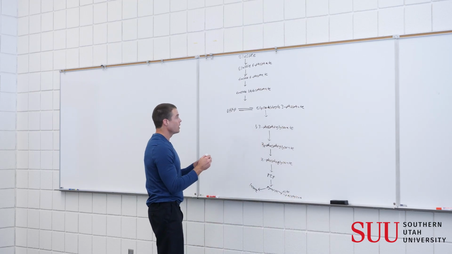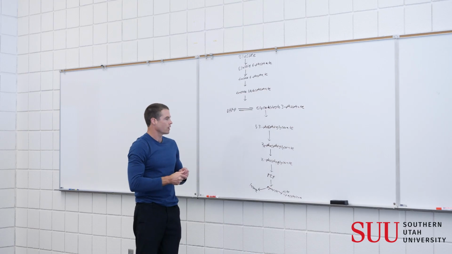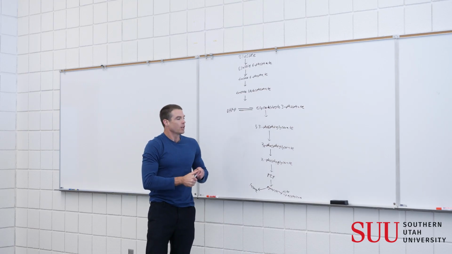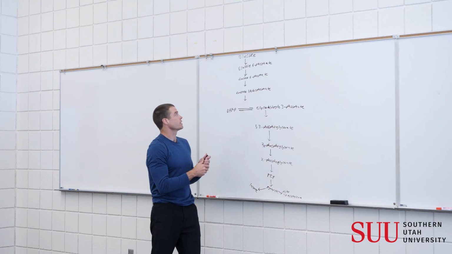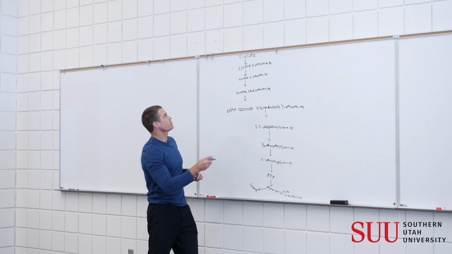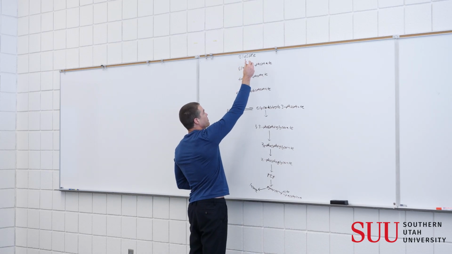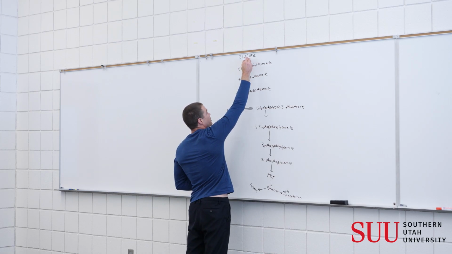Okay, so let's just go through our glycolysis. So first, let's go through each of these steps. Glucose comes in, and we're going to make glucose 6-phosphate, right? So it's going to take ATP. We use ATP, and we get ADP.